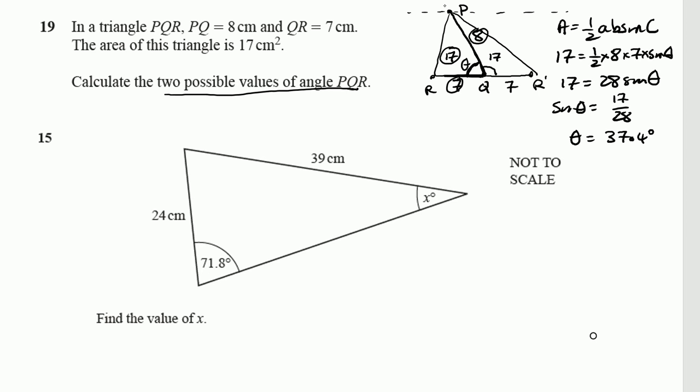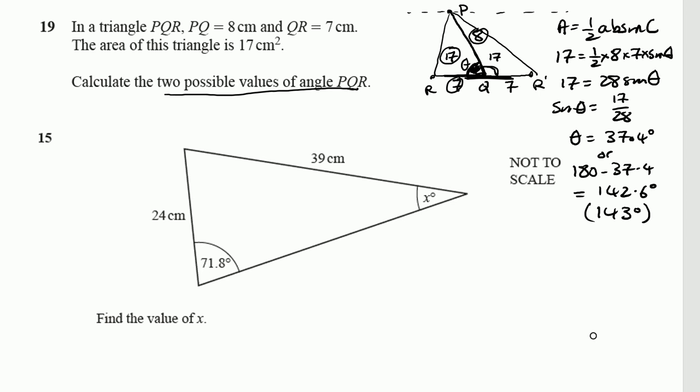That will be the angle in this triangle. If I was looking at the other triangle, I would need the other side of this line, 180 minus 37.4. And that would give me 142.6 degrees, or to three significant figures, 143 degrees.